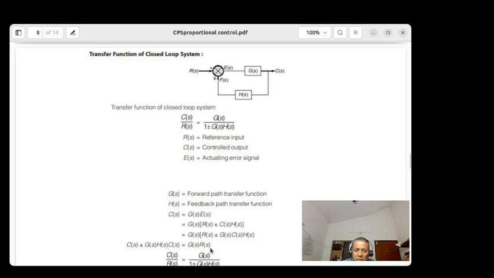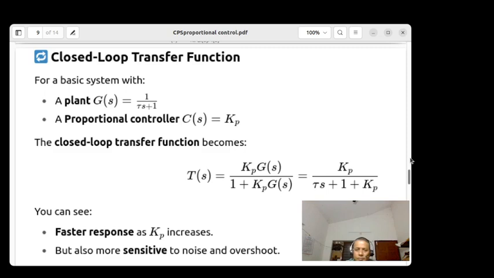I think you might have studied this in signals and systems, or we will study it in detail later in the control system paper. So this is the transfer function of a proportional control system.